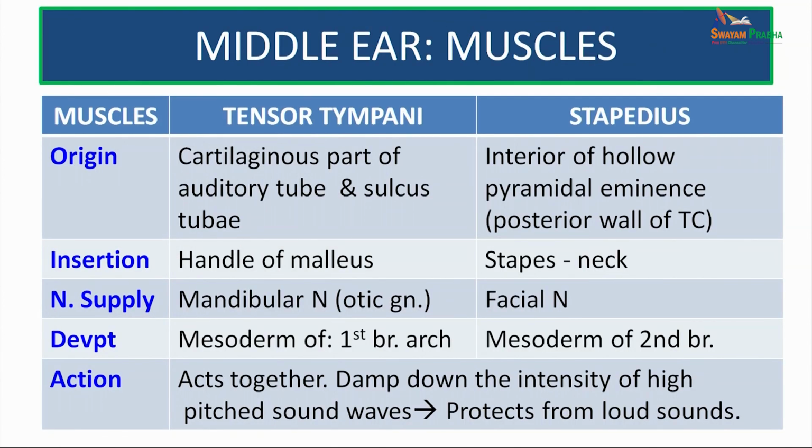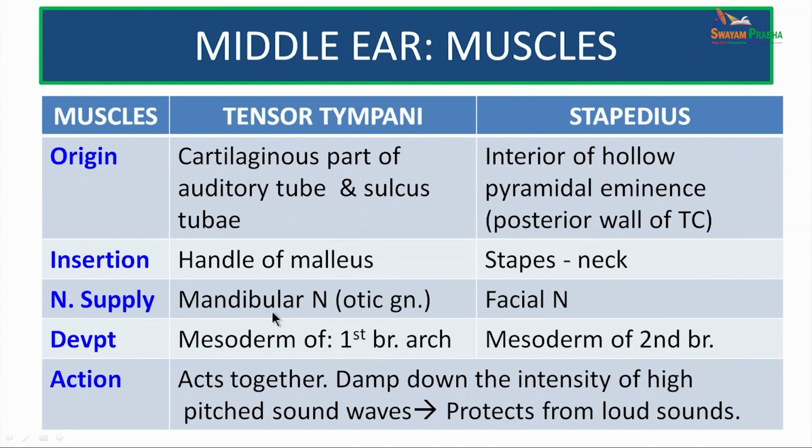To talk of the muscles of the middle ear, we have two muscles, the tensor tympani and the stapedius. The tensor tympani arises from the cartilaginous part of the auditory tube and the sulcus tubae, and it is inserted into the upper portion of the handle of the malleus.